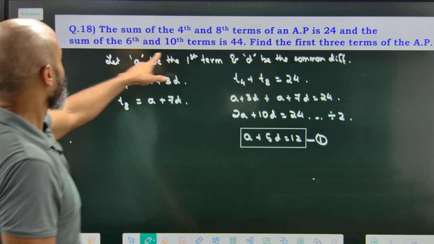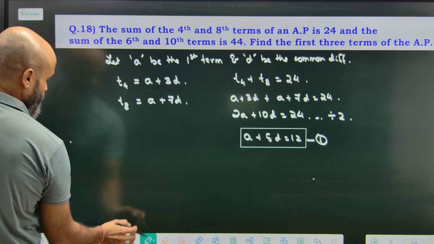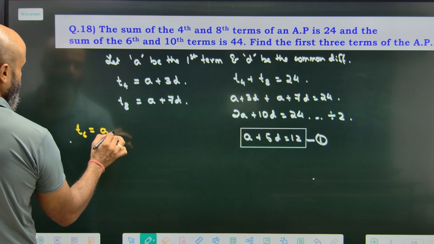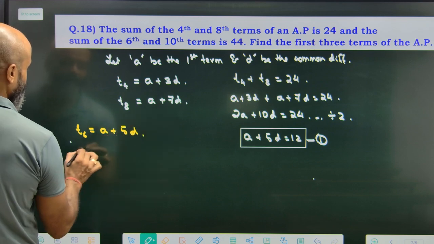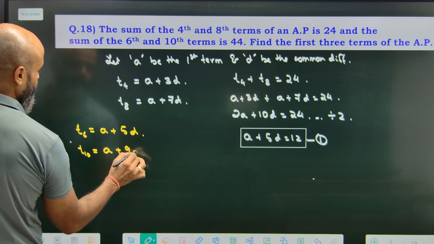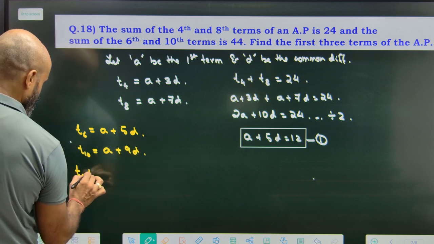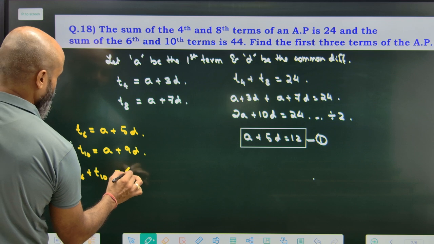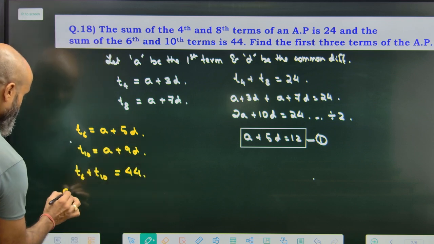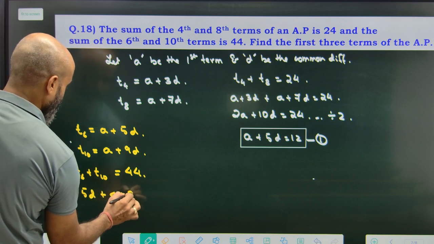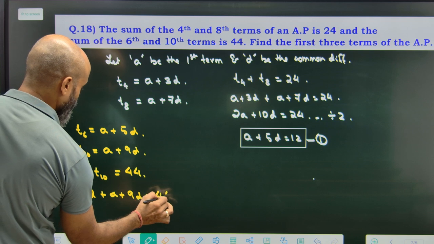Okay. The sum of the sixth and the 10th terms. So T6 is equal to A plus 5D and the 10th term will be equal to A plus 9D. So T6 plus T10 is equal to 44. A plus 5D plus A plus 9D is equal to 44.